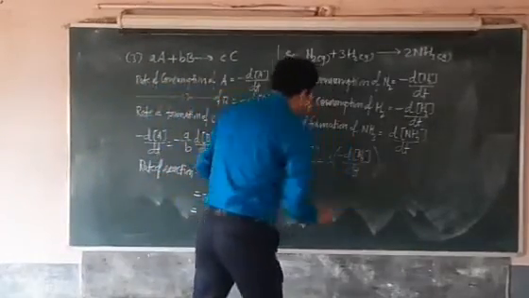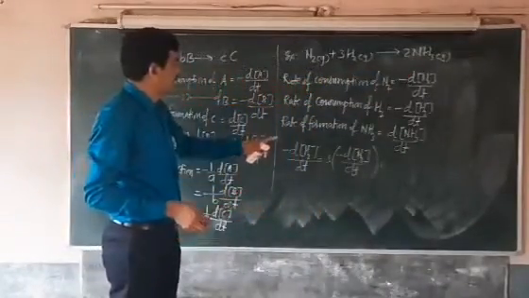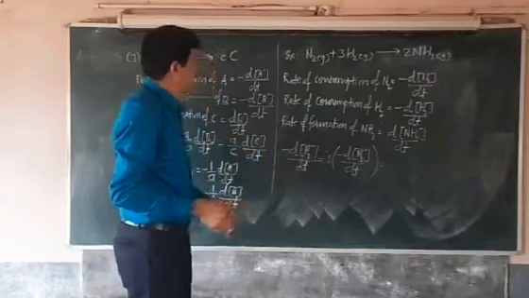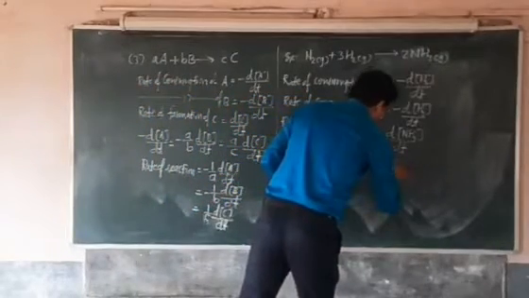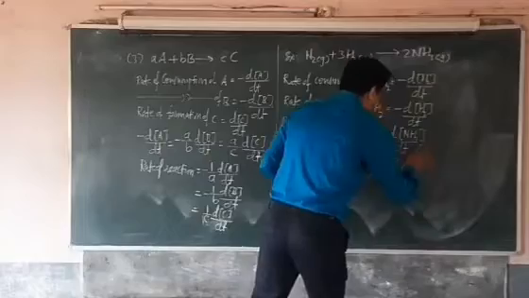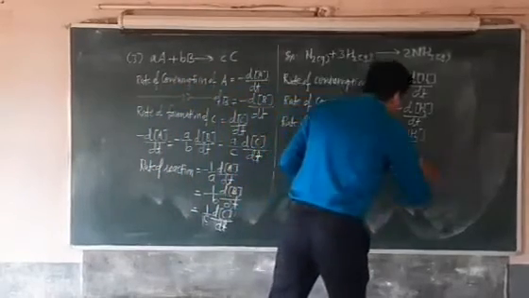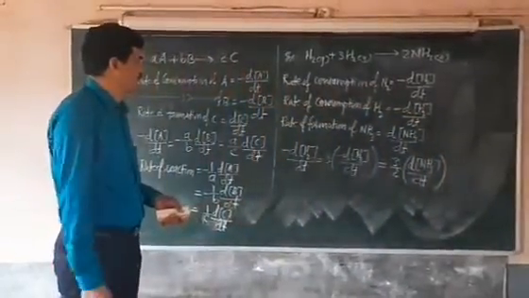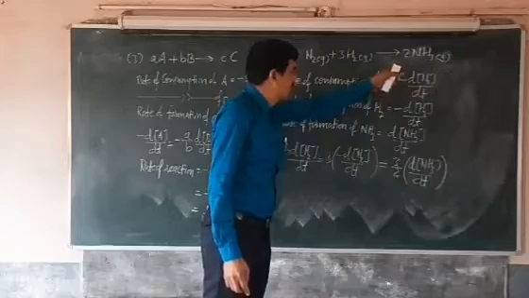Then when we compare the rate of consumption of hydrogen with the rate of formation of ammonia, you will find that the rate of consumption of hydrogen will be 3 by 2 times the rate of formation of ammonia, dNH3 by dt.